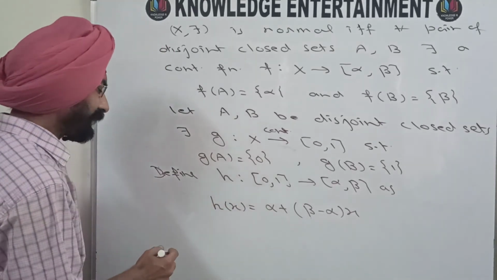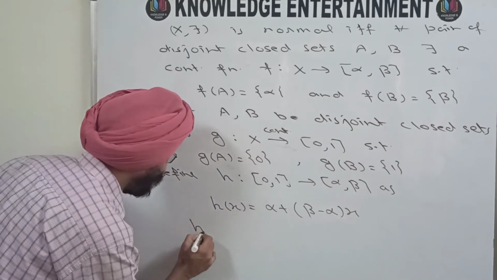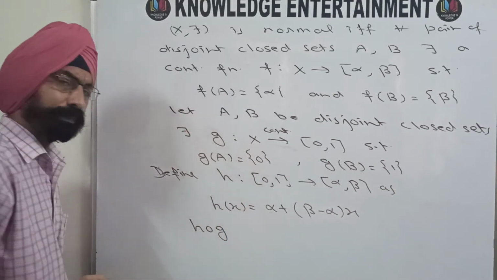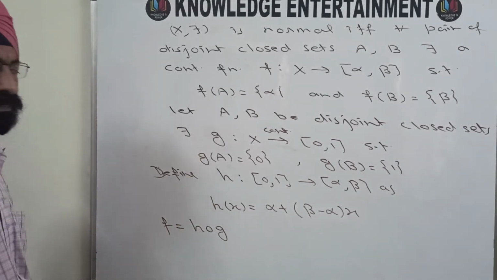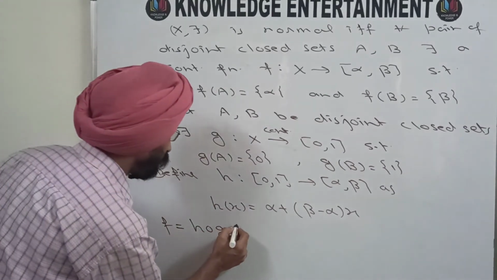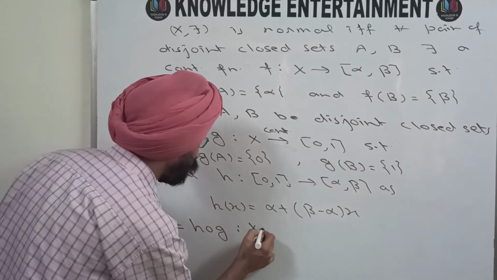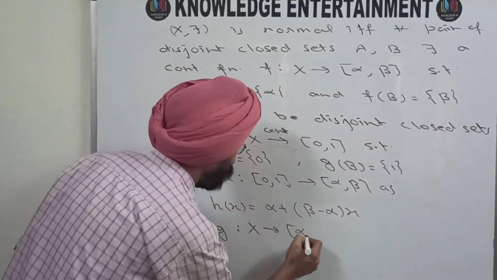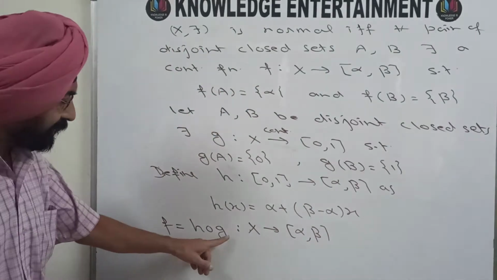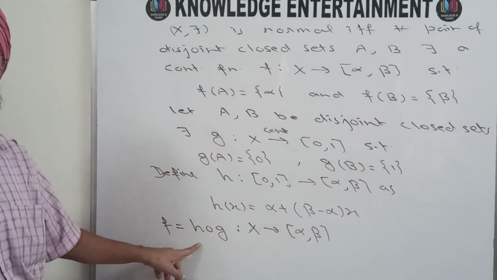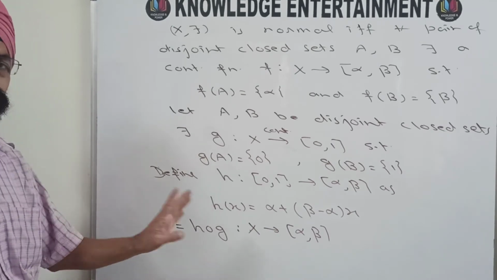Now consider this function h∘g, that means g composite h, and I am naming it as f. So f is a function from X to the closed interval [alpha, beta]. Since g and h are both continuous, their composition function f is also continuous.